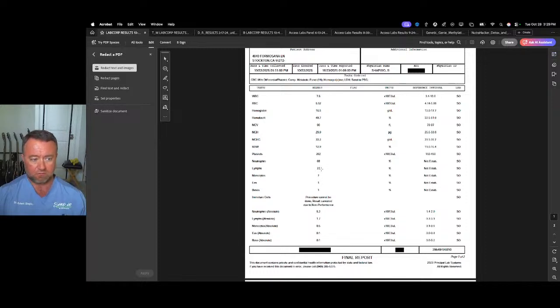His lymphocytes are at a good level. I like to see them no higher than 40. When they get above 40, that can be an indication of something viral, either like a cold or flu, COVID, or it can be something more insidious like a chronic herpes simplex 1 infection outbreak.